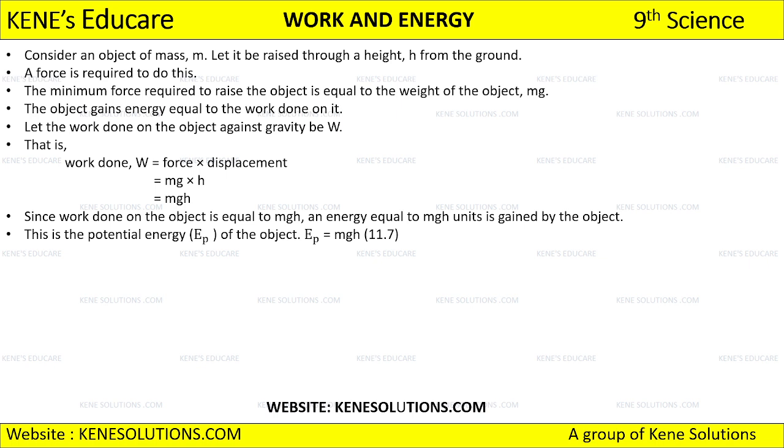So energy equal to mgh unit is gained by the object. So this is the potential energy which we represent as EP of the object, and we get the potential energy as mgh. Okay.